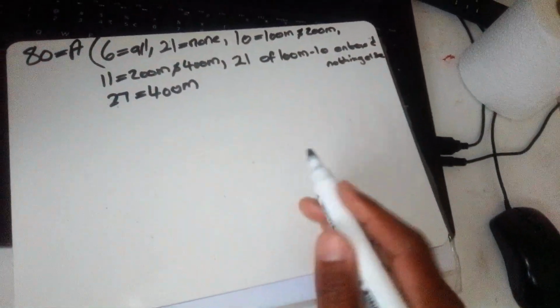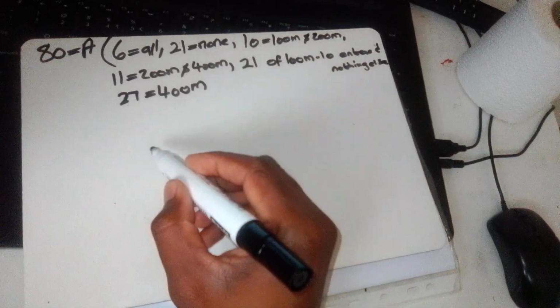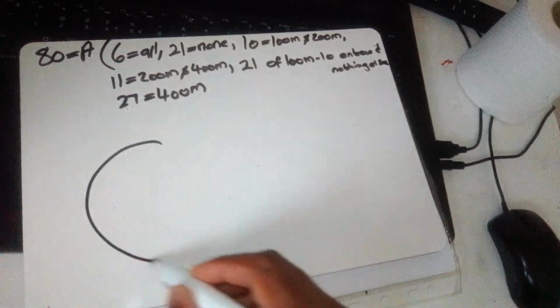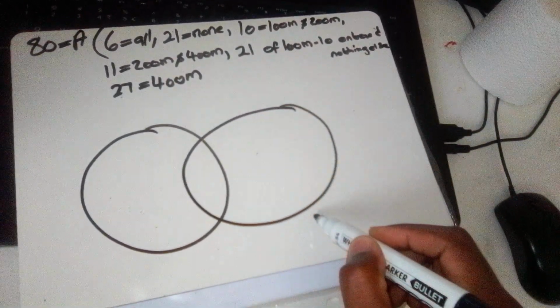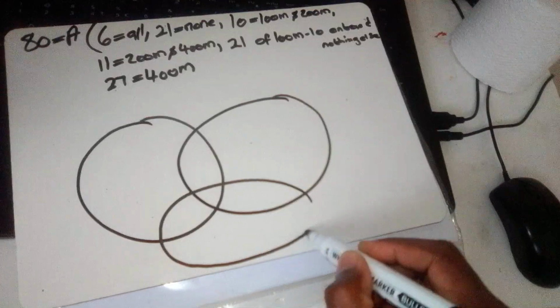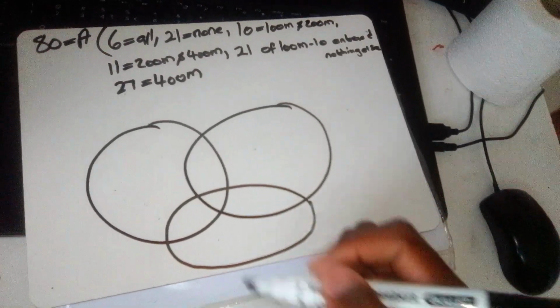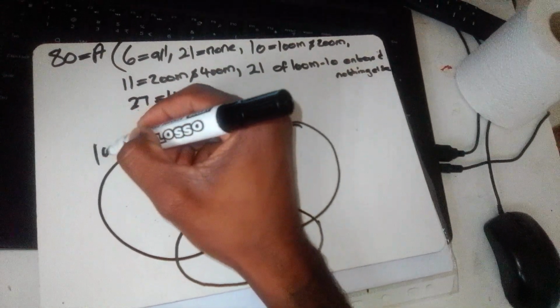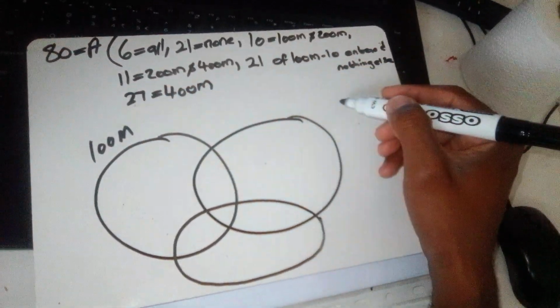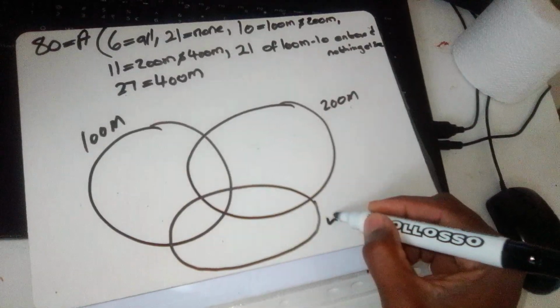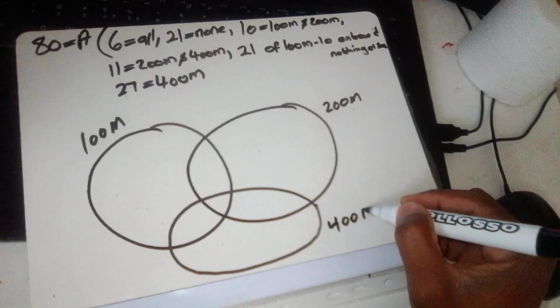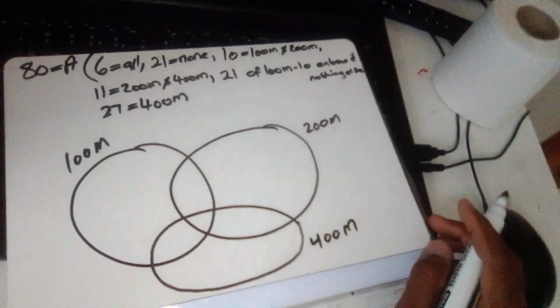Let's have our circles. This one is for 100 meters, this one is for 200 meters, and this one is for 400 meters.